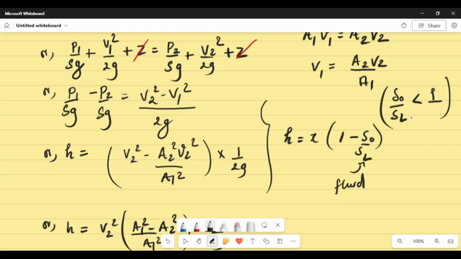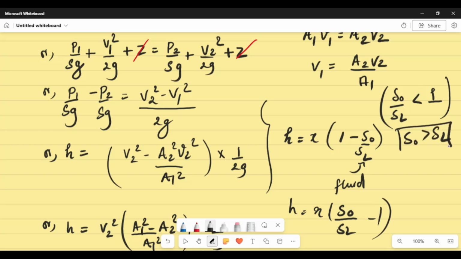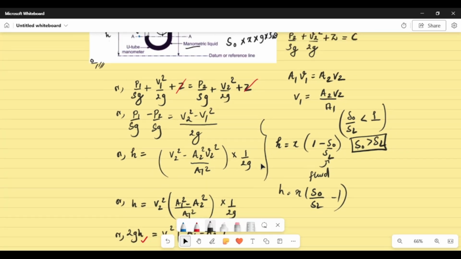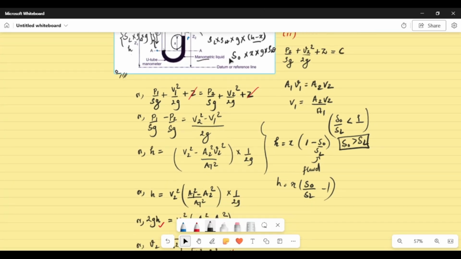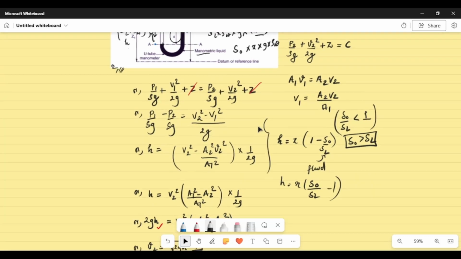And if it is greater than 1, we write S naught by SL minus 1, that is, only if S naught is greater than SL. I hope you understand what S naught is. S naught is the density of the manometric fluid, and SL is the density of the liquid that is flowing through the pipe.